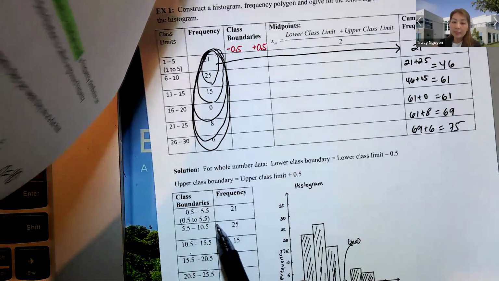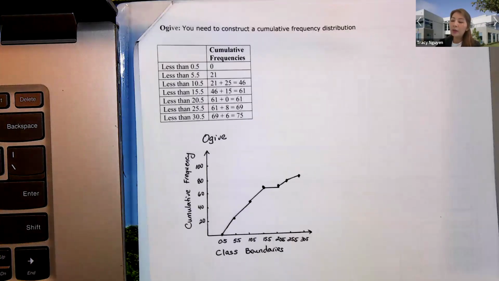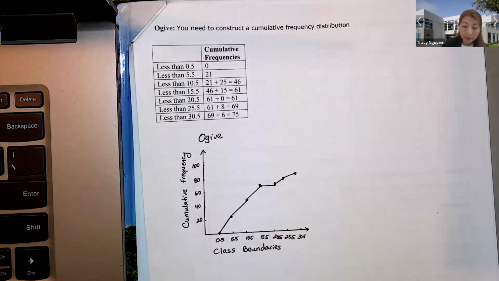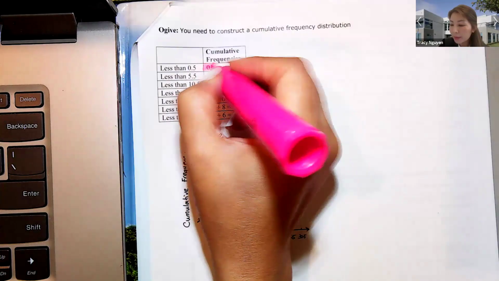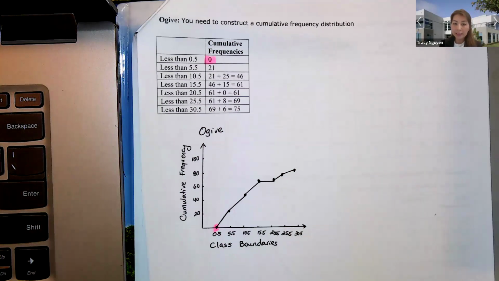It will ask you for the first class boundaries, which in our problem is from 0.5 to 5.5, right? So the first class boundary from 0.5 to 5.5 has the frequency of 21. It will ask you on the very first one, less than 0.5, and this one is always 0. The reason why it's always 0 is so that the graph can start on the horizontal axis.